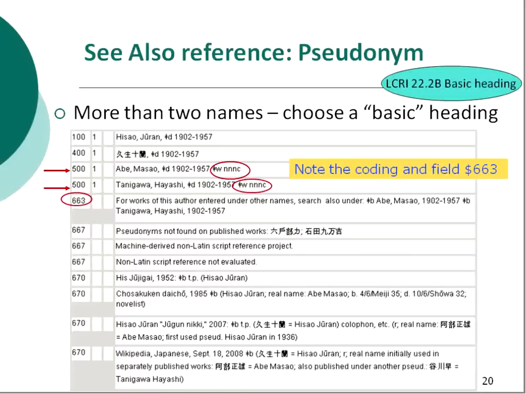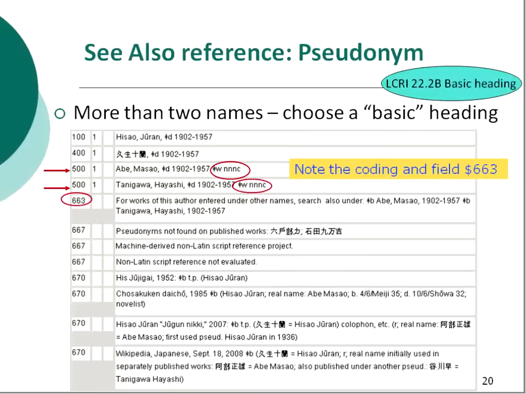On this basic heading name authority record, the cataloger had a see also reference, which I'm pointing out here, from all the other headings or names being used, and then justified these see also references for the other names in the 670 citations.